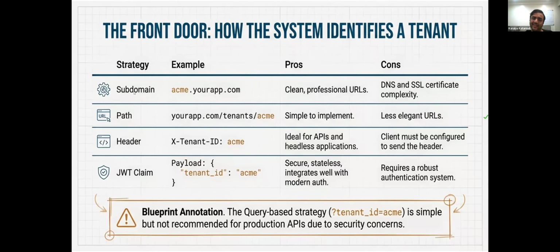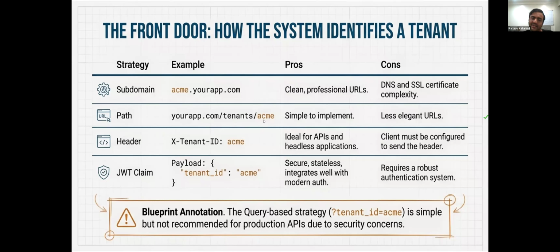We can tell the customer to type the subdomain name, like abcstore.ecommerce.com. Based on that subdomain name, we can identify that this comes from this tenant domain. Second is path-based, where we enter the domain name or tenant name after the slash.